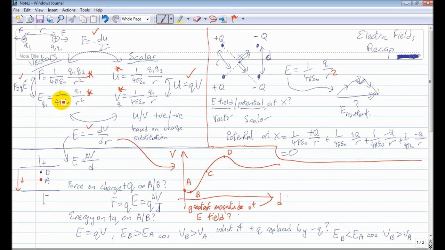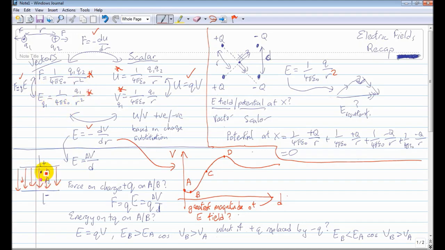This one is talking about the electric field due to a point charge Q1, so I cannot use this formula here. When I talk about the field here, this is field due to a parallel plate, which has nothing to do with a point charge. Therefore, this electric field cannot be described using this formula.